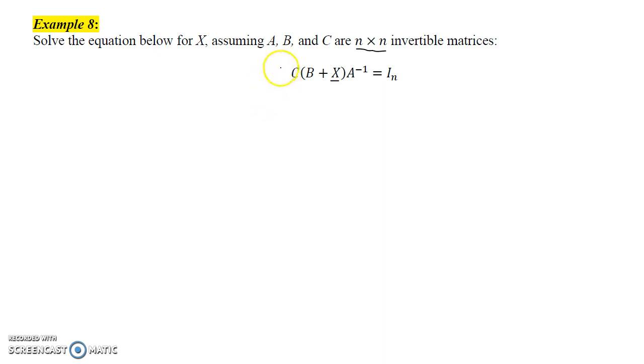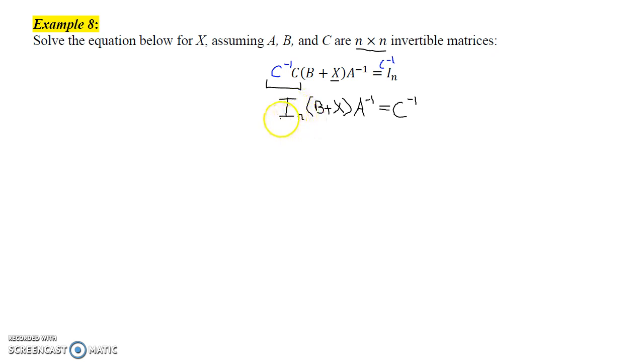So if I multiply by C inverse on the left side of this expression, then the C inverse times C now gives me the n by n identity matrix times B plus x times A inverse. Any n by n matrix times the n by n identity matrix will just give me back that same matrix. So now I just have C inverse on the right side of that equation.